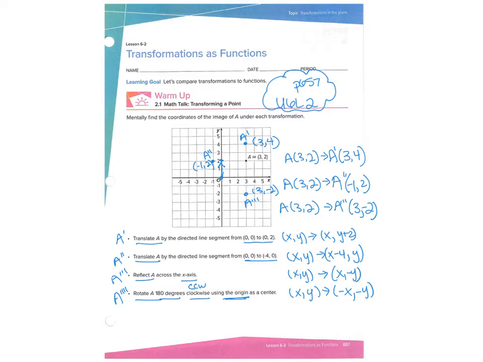A negative negative would turn it back into a positive. But in my problem, since my A is 2 positive coordinates, when I make them both negative, it becomes negative 3, negative 2. So when I rotate 180 degrees around the origin, I come over here to negative 3, negative 2 for my A quadruple prime.